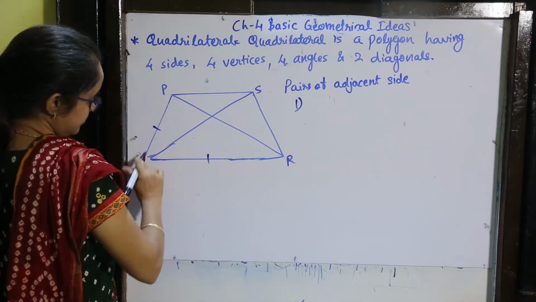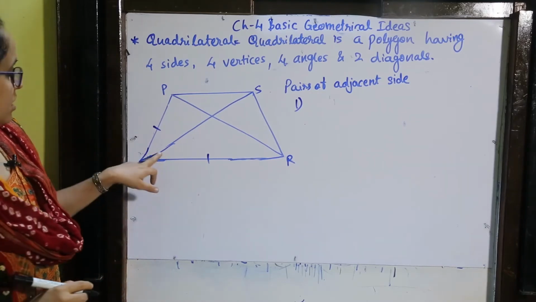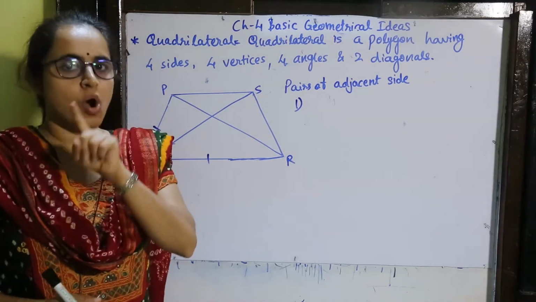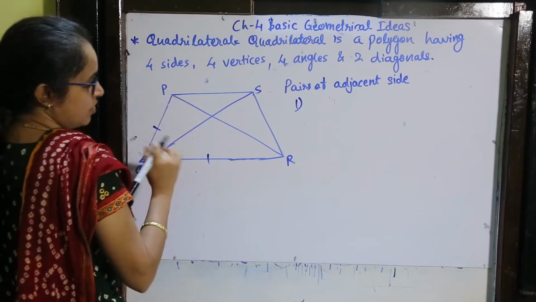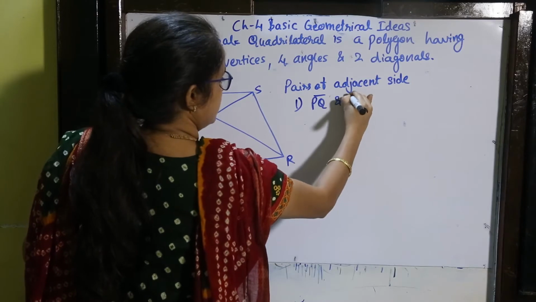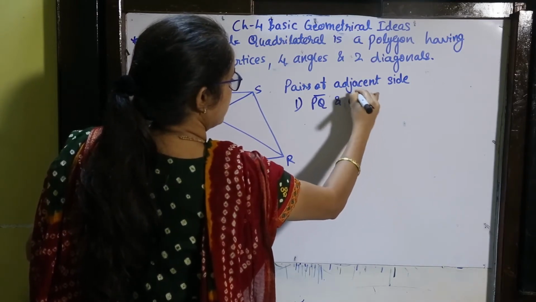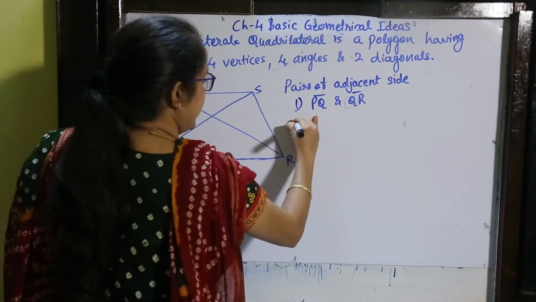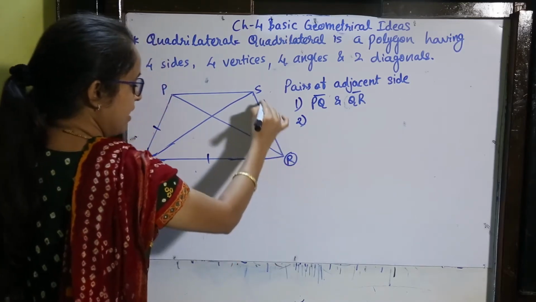So adjacent side means the line segment or a side which has one common vertex, and if I am writing here, PQ and QR are adjacent sides. Second pair of adjacent sides is QR and RS.